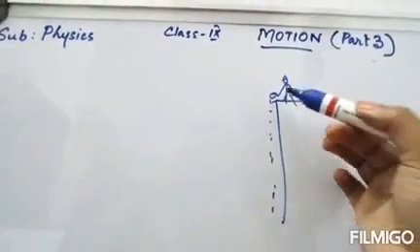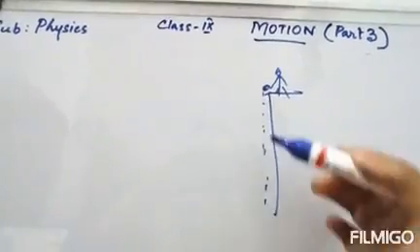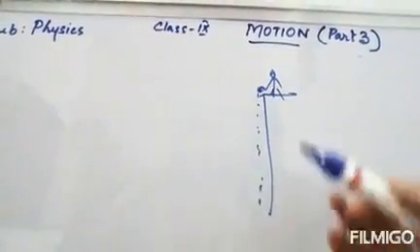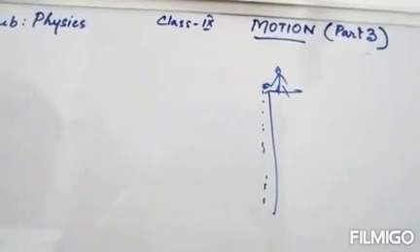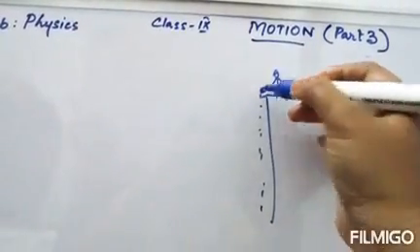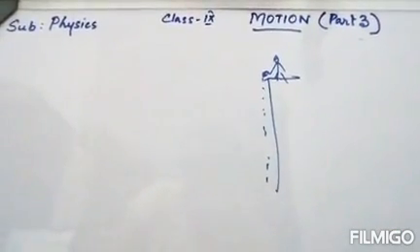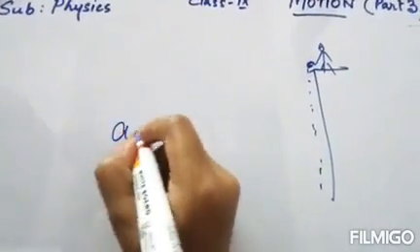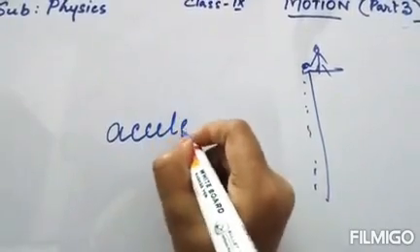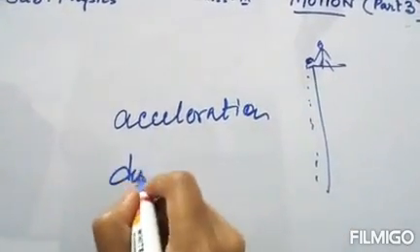So when that body is coming down, that gravitational force will also come into account. So there will be a change in velocity, which means there will be acceleration, and acceleration due to this is known as acceleration due to gravity.